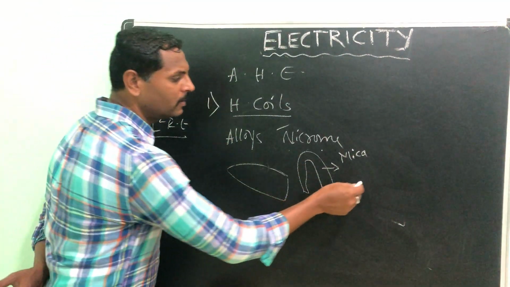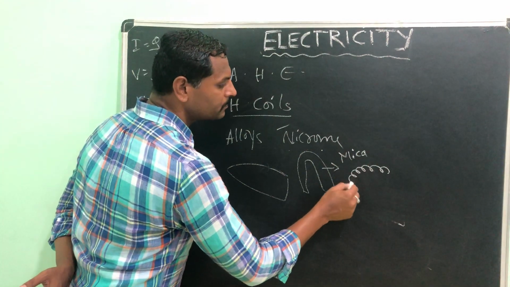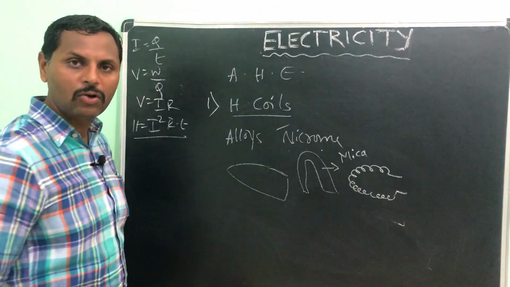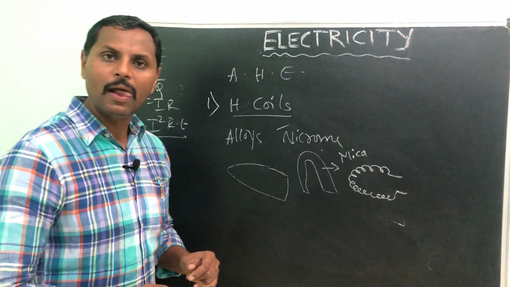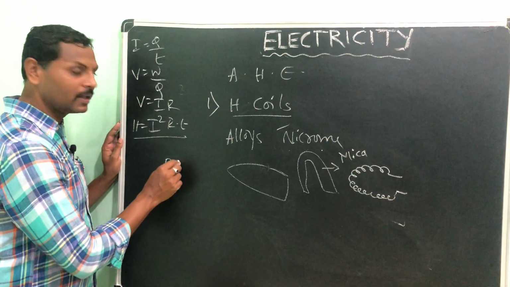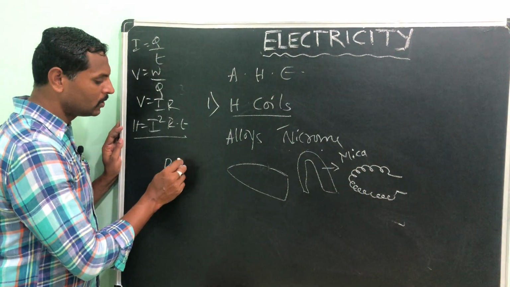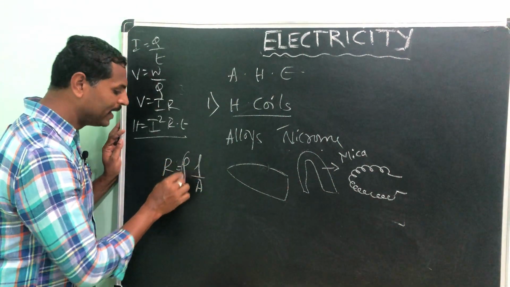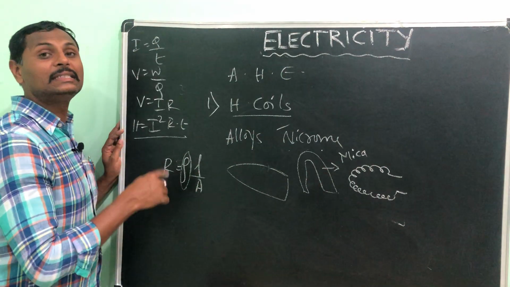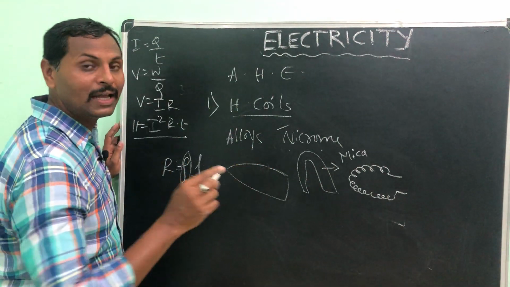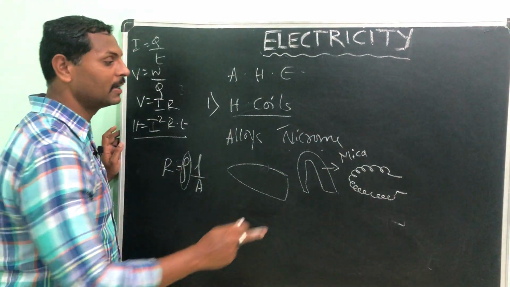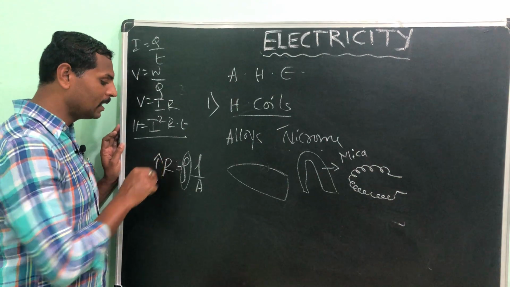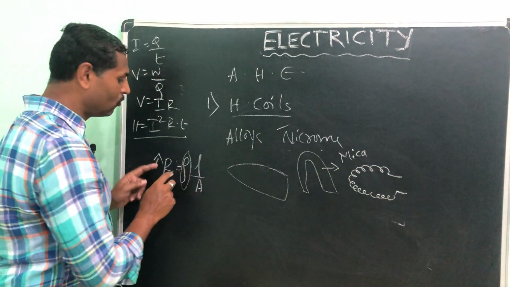On this one we will take an alloy which is made of nichrome. This is the nichrome alloy, and you know that resistance is equal to rho L by A. We need a material with more resistivity, and an alloy has more resistivity as compared to a conductor. That is why I am taking an alloy there. The more the resistivity, the more the resistance; the more the length, the more the resistance.